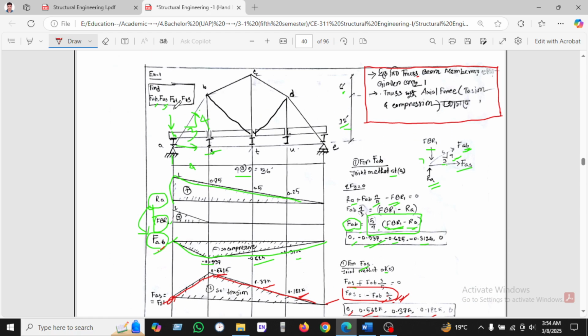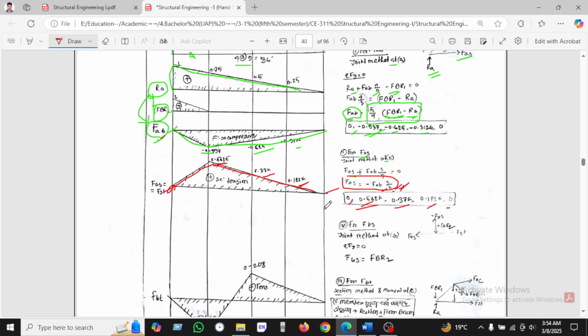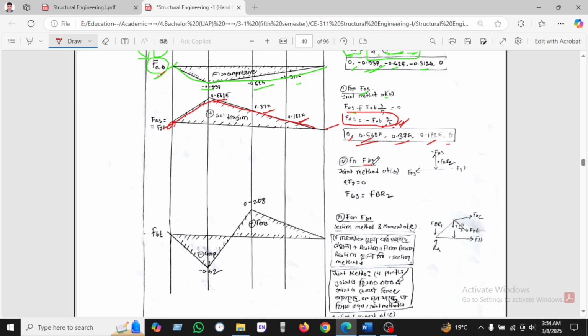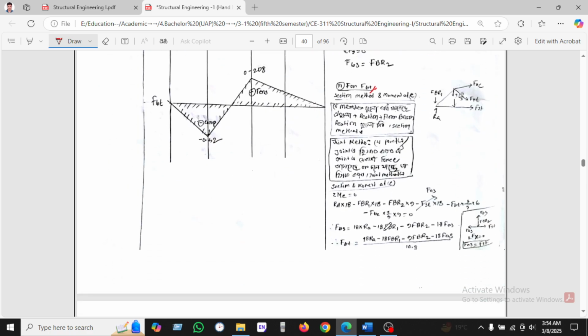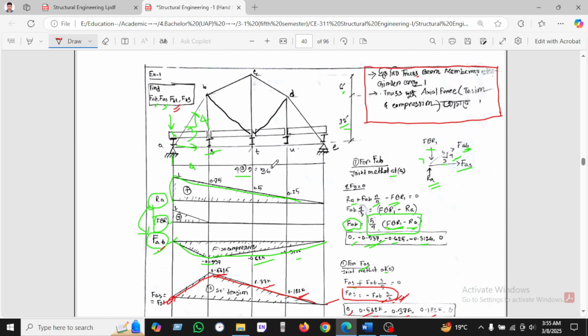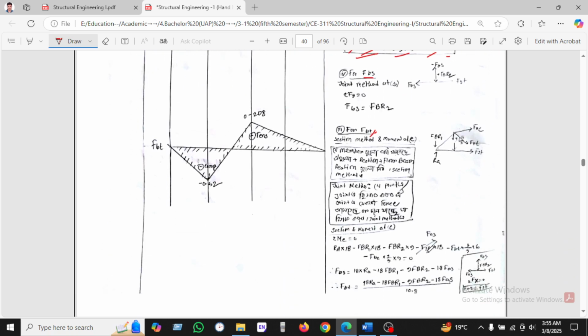And third, we can see FBT. Here is FBS, FBT here. So if we want the FBT, then we have to take the moment, here at point C. So we found this equation. This is our FBT, the final equation.